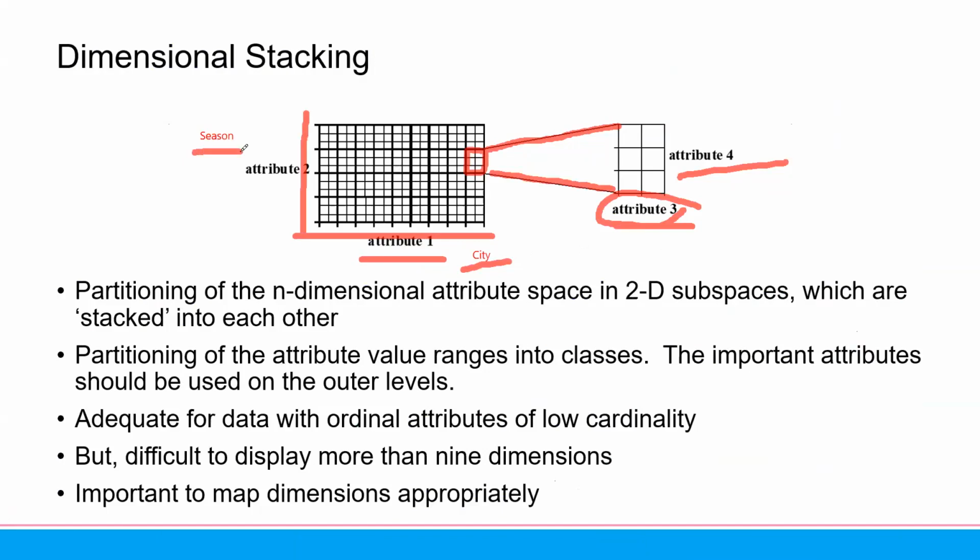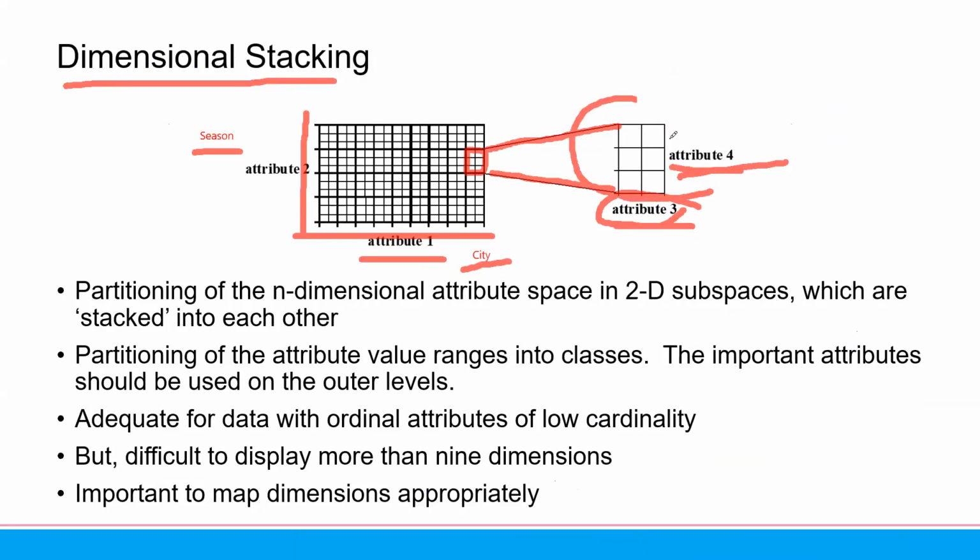Let's say I want to see the temperature only in summer time. But I want to see not the whole summer, but particular months. We know summer is June, July, August. Then we can make more detail on attribute 4: June, July, August. So we call this dimensional stacking.